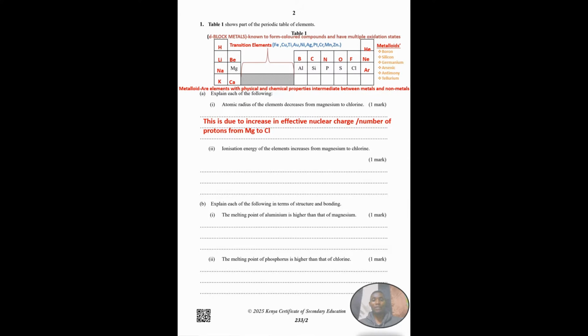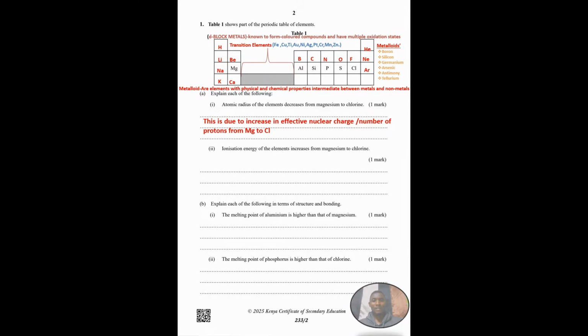Magnesium with 12 protons, aluminium with 13, silicon 14, phosphorus 15, sulfur 16, chlorine 17, and then argon 18. As we move across period 3, we realize that there is an increase in the number of protons.